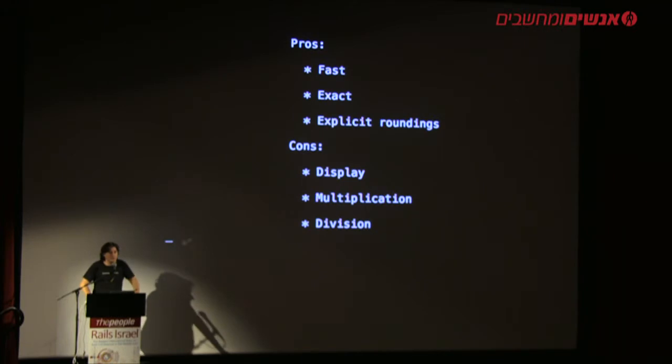Like the first multiplication I showed has two quantities with cents. If you multiply two quantities with cents, you have to get some rounding somewhere because the result has to be cents. So you are really working in sets that are cents. The operations are between cents, and the result is a cent.